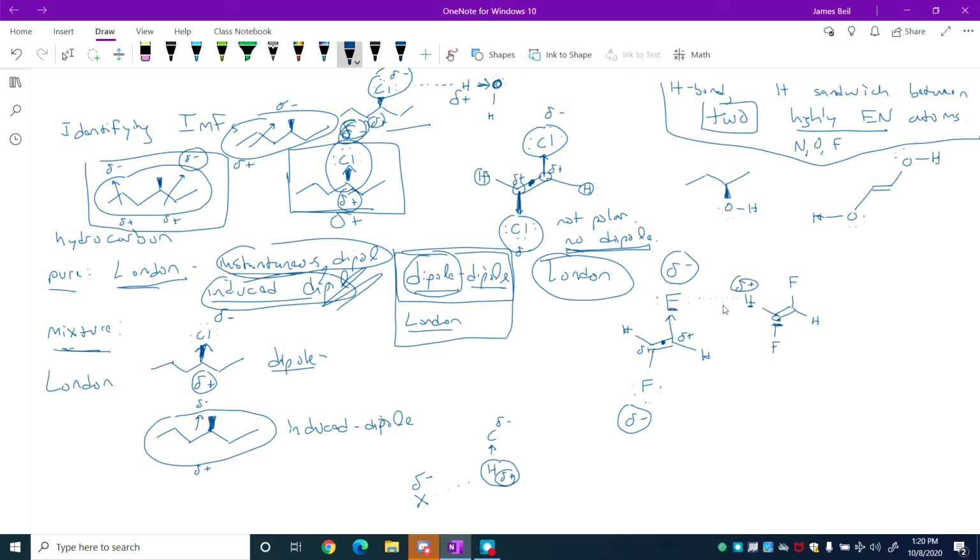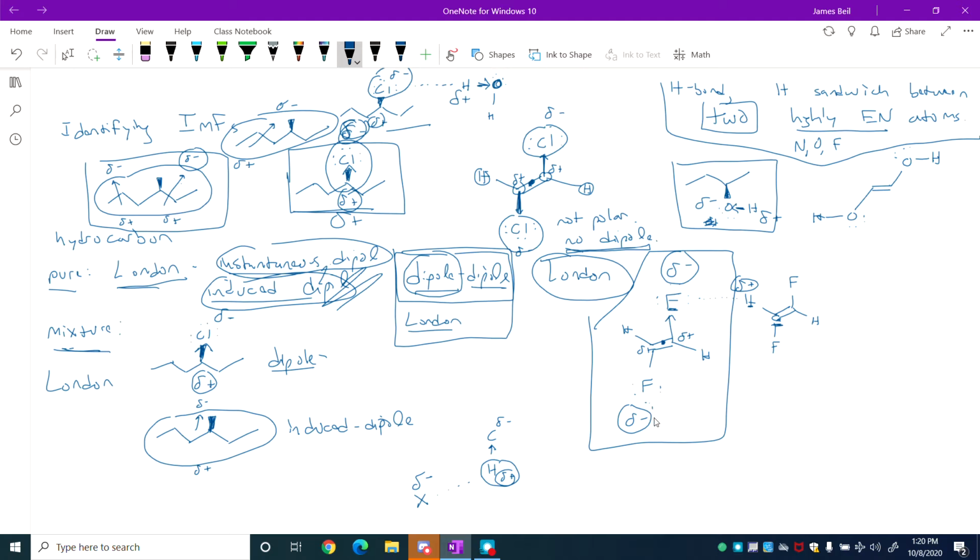So that particular structure, it's not going to let me erase that. That particular structure is not going to be able to hydrogen bond with this molecule. Will this structure here be able to hydrogen bond with this molecule? Yes. Good. Right, so here, because the hydrogen is sharing electrons with an oxygen, the electronegativity difference there is going to create quite large partial positives and negatives there.